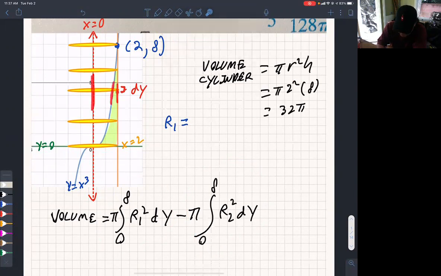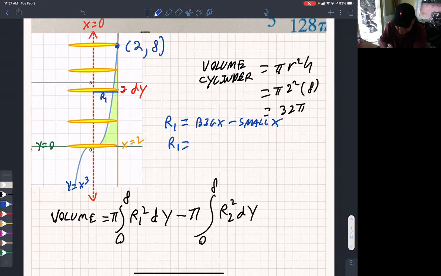You have two graphs, the blue one and the gold one. Which one's farther? Whichever one's farther is going to be your first R, because you want the volume of the big part, subtract the volume of the small part. So that R will go from the axis of rotation to your function there. That's R1. And that's going to be big X minus small x.